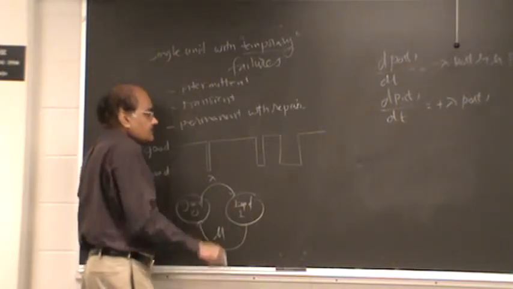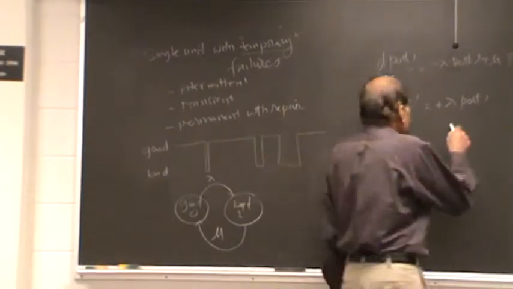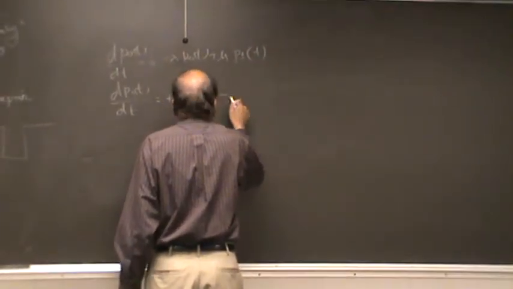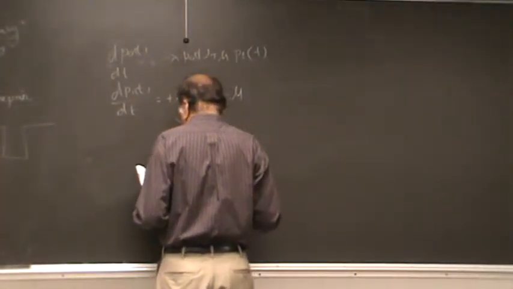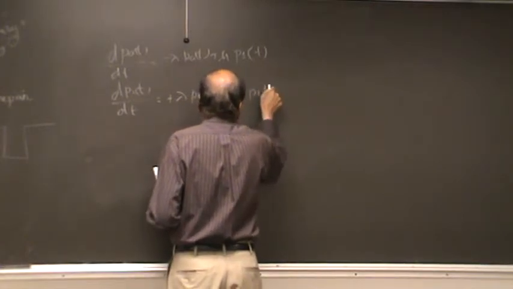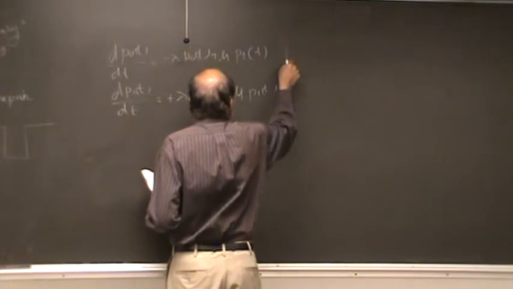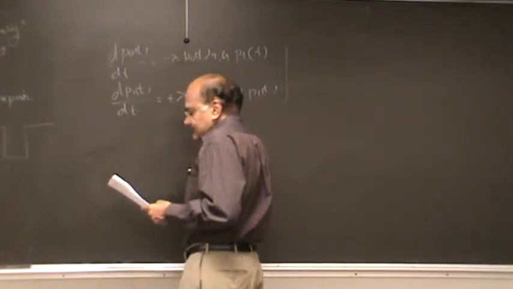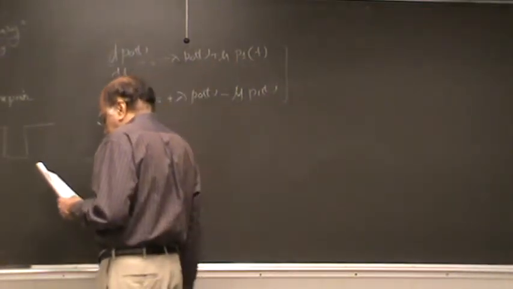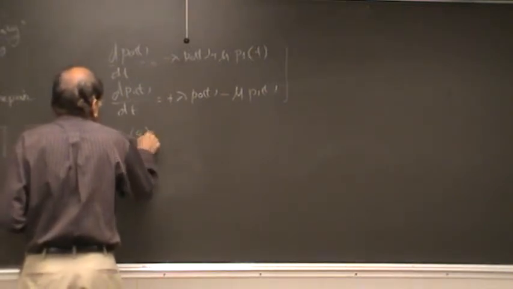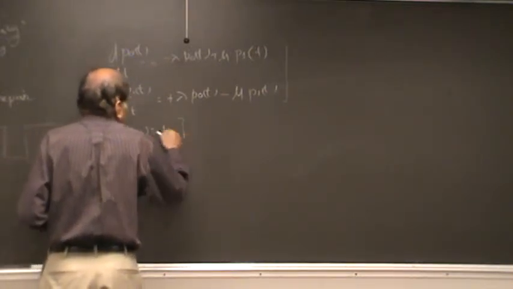So this is the stuff coming in, and the stuff going out is this. So basically, we want to solve this system of differential equations subject to the condition that P0 at 0 is equal to 1. So that's the initial condition.